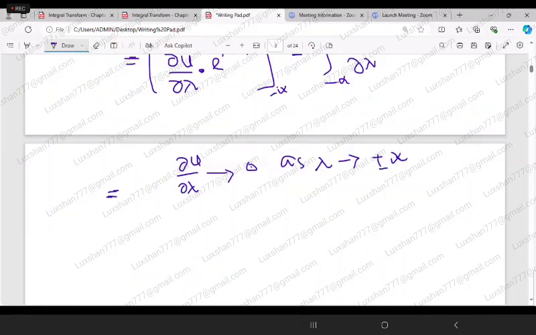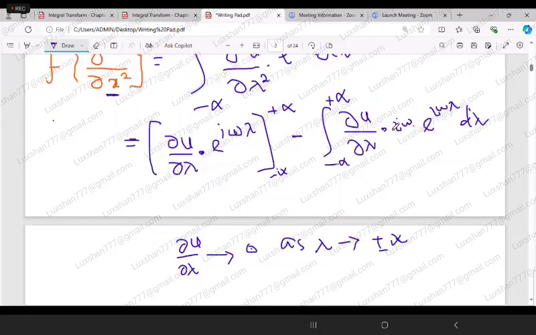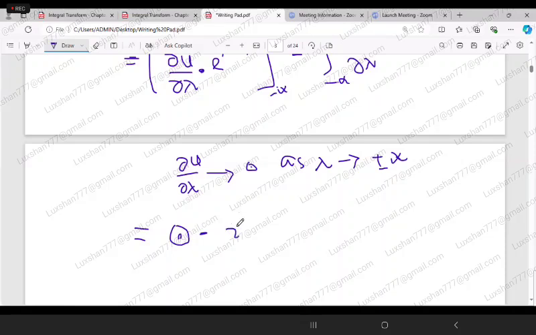Therefore, that is equal to 0 minus, let me take iω out, so iω times the integration from minus infinity to plus infinity of ∂u/∂λ times e^(iωλ) dλ.